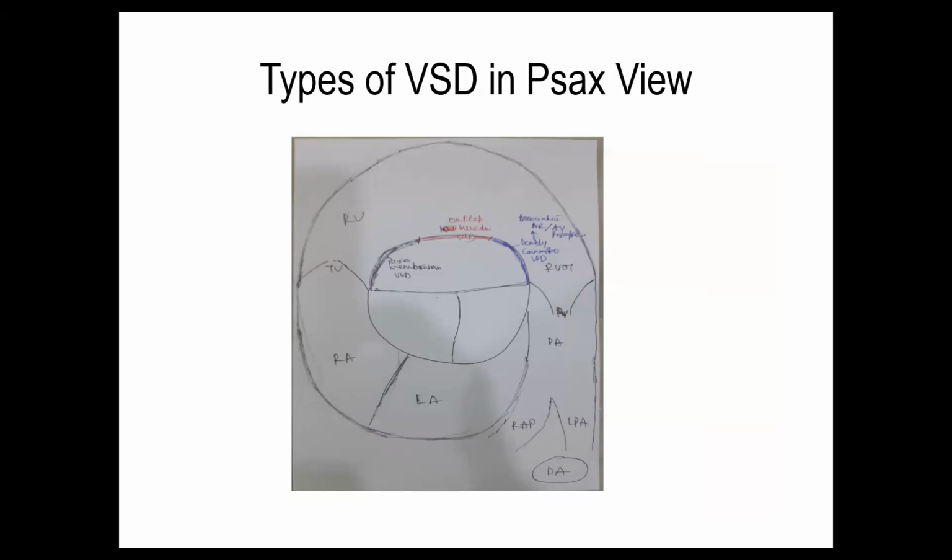Now with this imaging, wherever the VSD is, just remember 4 types of VSDs, nothing more than that. Sir, are paramembranous and perimembranous the same? Yes, the same. Is that fine? Yes, sir. Definitely.